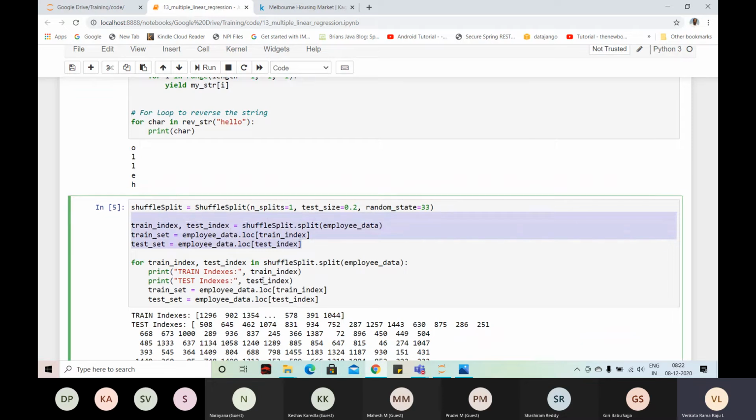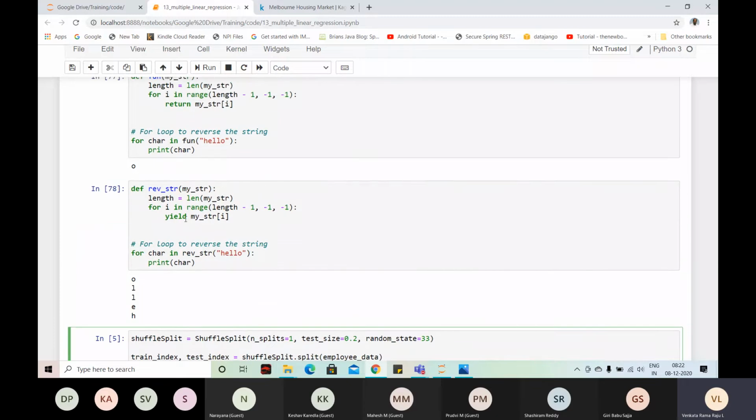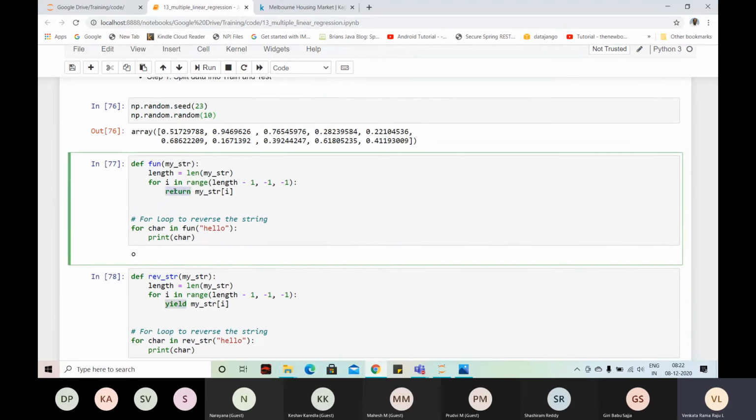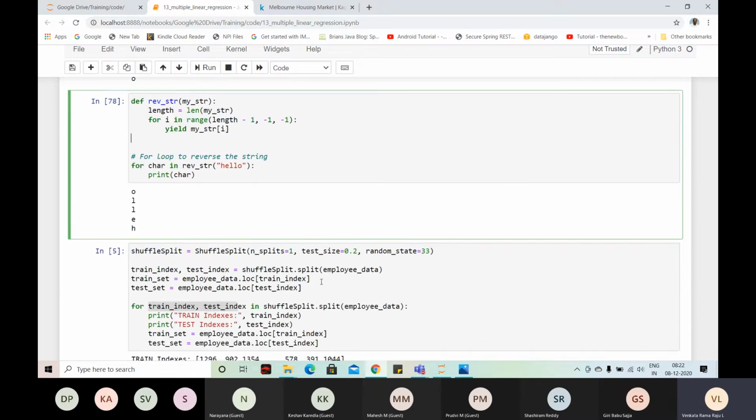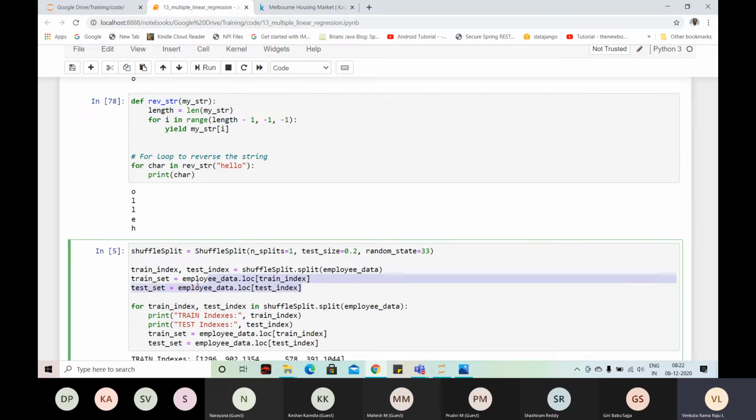That's why we are calling the function in a loop. First iteration will bring 2 numbers here, second iteration 2 more numbers, third iteration 2 more numbers, and so on, because you used yield here instead of return. The yield keyword makes a function a generator. You might have got a little bit of an idea.